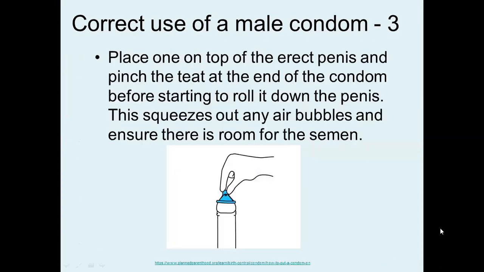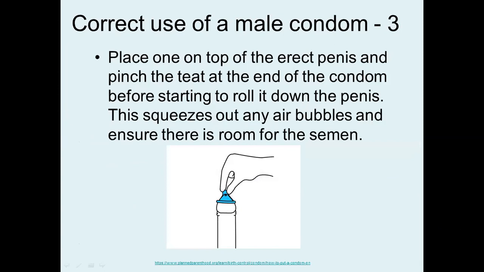All right. So place the condom on top of the erect penis and pinch the teat at the end of the condom, this little air sac. Pinch it between the thumb and the forefinger before starting to roll the condom down the penis. This squeezes out any air bubbles and it ensures that there's room left for the semen, because this little teat must stay empty.